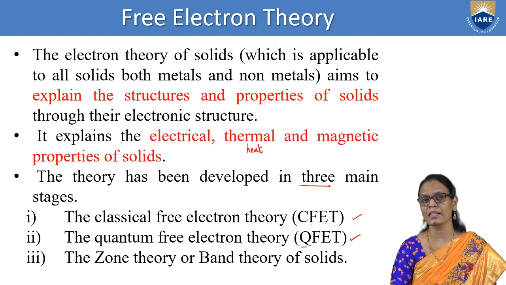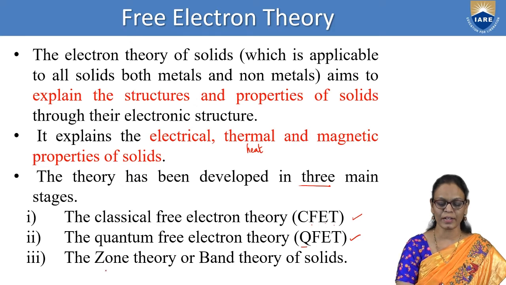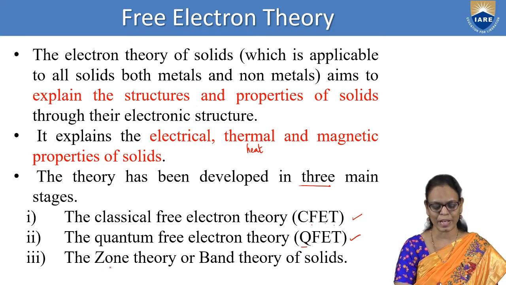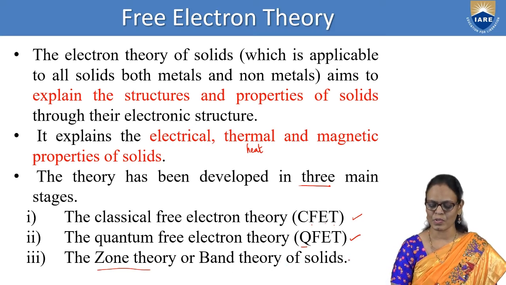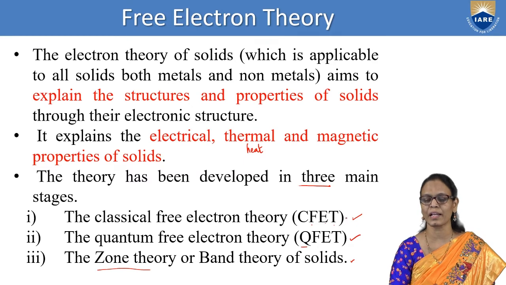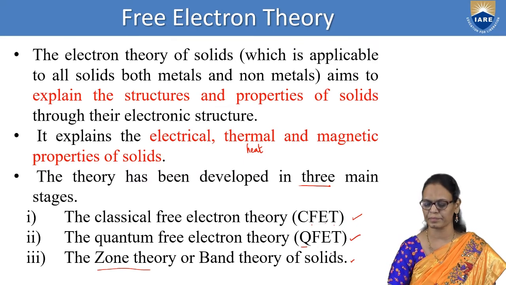Still there were certain things unexplainable with quantum theory, and those could be explained with the help of zone theory, which we now call the band theory of solids. So today we are going to discuss these 3 theories in detail.